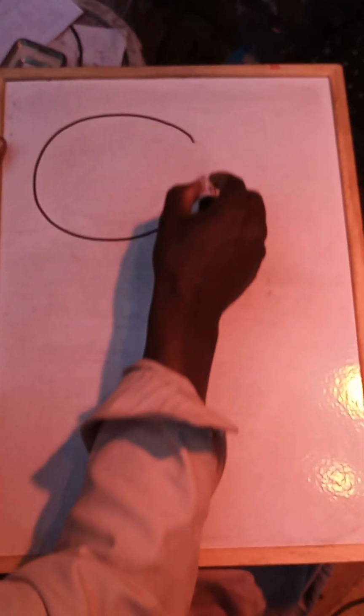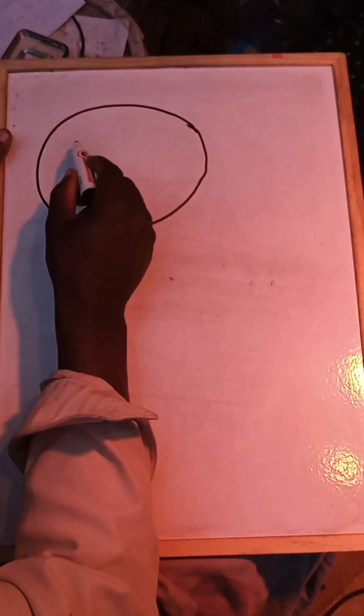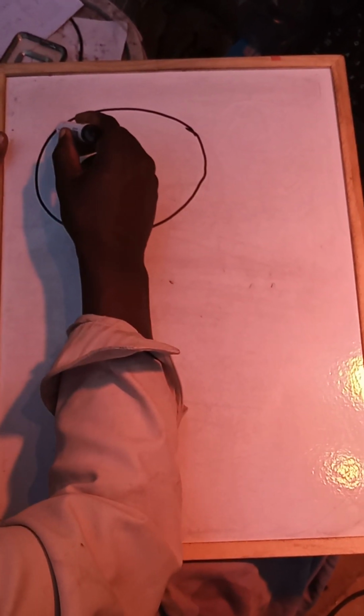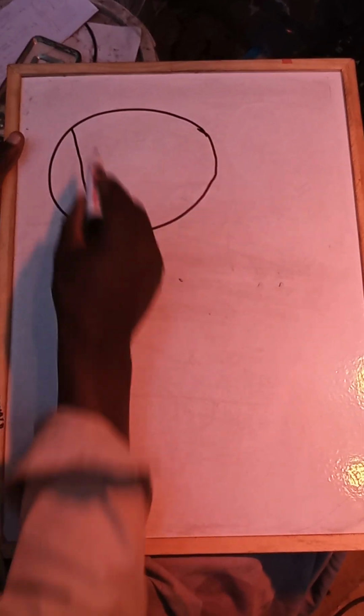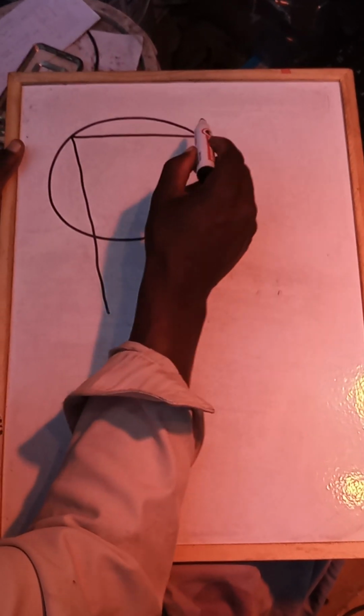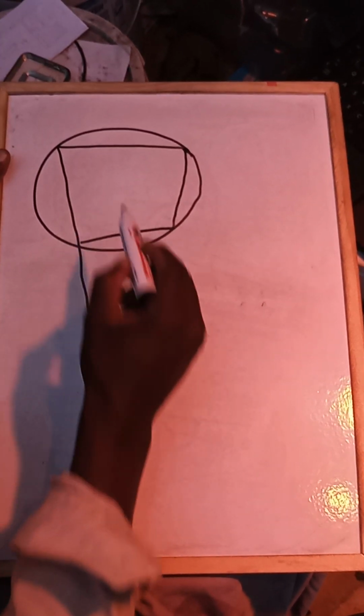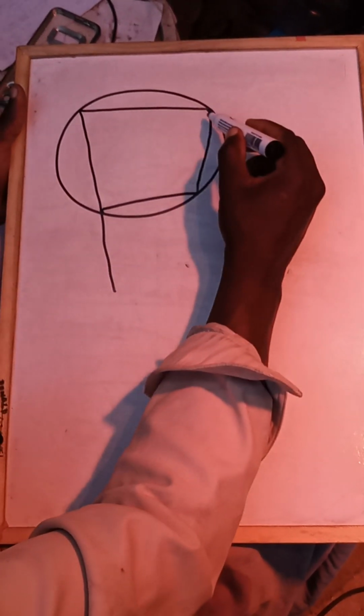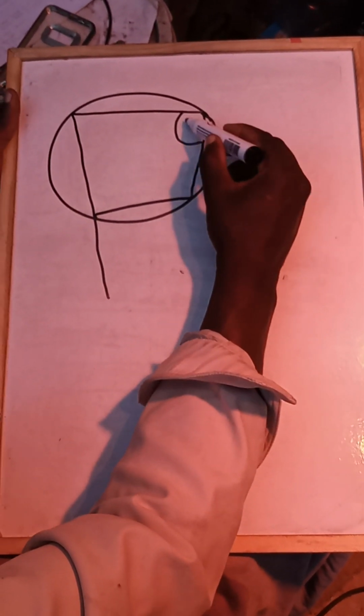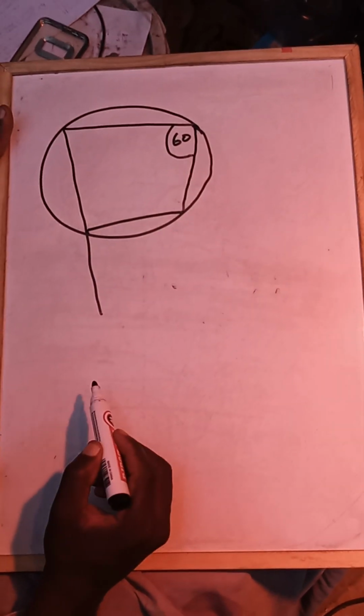I have a circle, and inside the circle I have a cyclic quadrilateral, and this angle is 60.